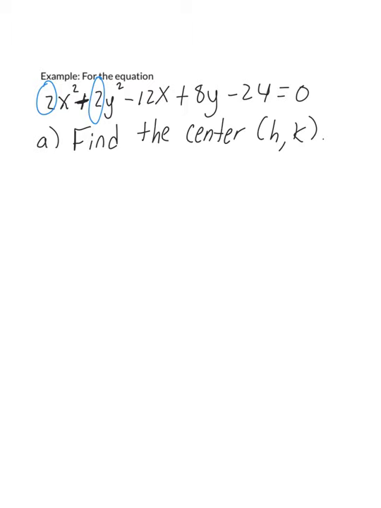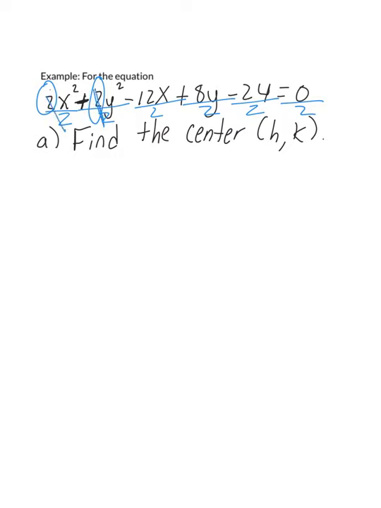In other words, in step 1, you need to make sure that there is a 1 as the coefficient in front of x squared and in front of y squared. So if you see any other number in front of x squared and y squared, divide that number away. But I can't just divide two terms by 2. I need to divide all the terms on both sides of the equation by that 2.